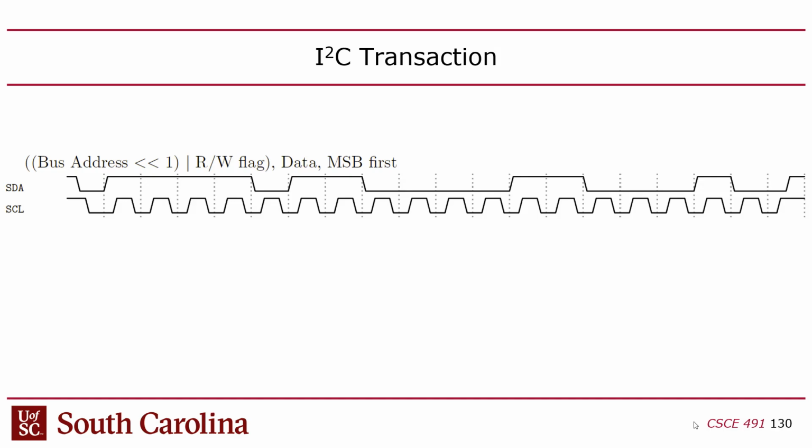Okay, so what's the goal here? The goal is to count. We first want to figure out the address. We can look at the first 7 bits, and that's our address, right? So 111, that's a 7. 1011, that's a B. So 7B is our address.